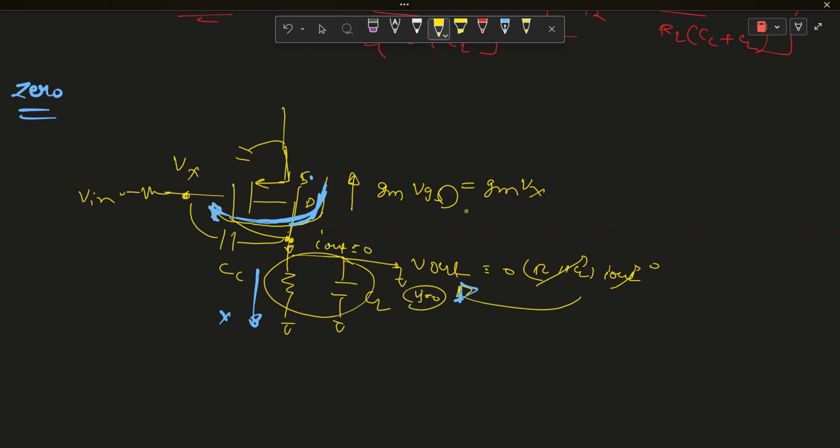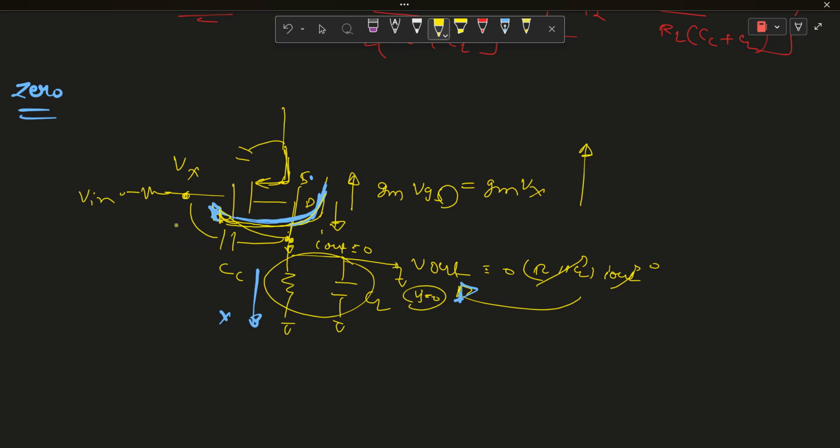So this small signal current is gm Vx, and our main current is flowing from source to drain in this direction. Our small signal current is the negative of this current. All this current flows to this branch, as the small signal current, which is gm Vx, is in the forward direction.